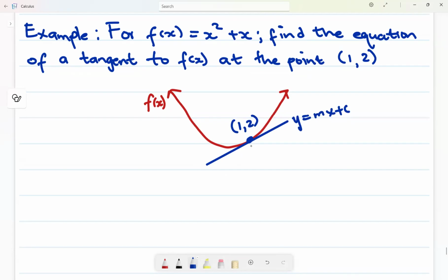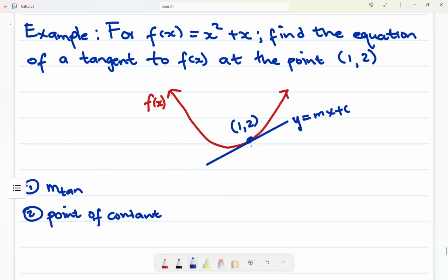Remember the first thing, what you need for equation of a tangent, you need what? The gradient of a tangent. The second one, point of contact. Okay, now we have this one point of contact, we have is 1 and 2.